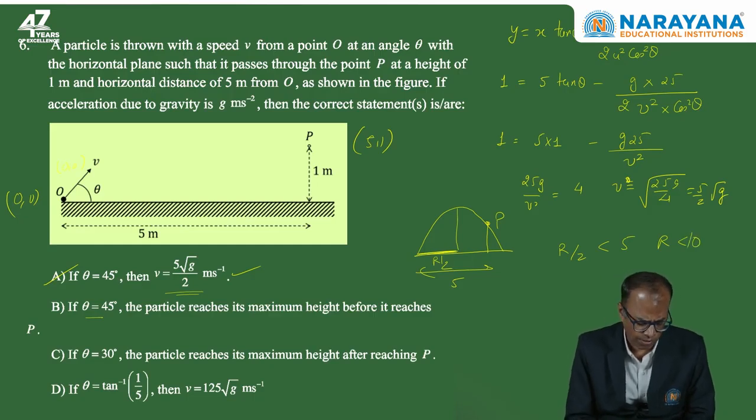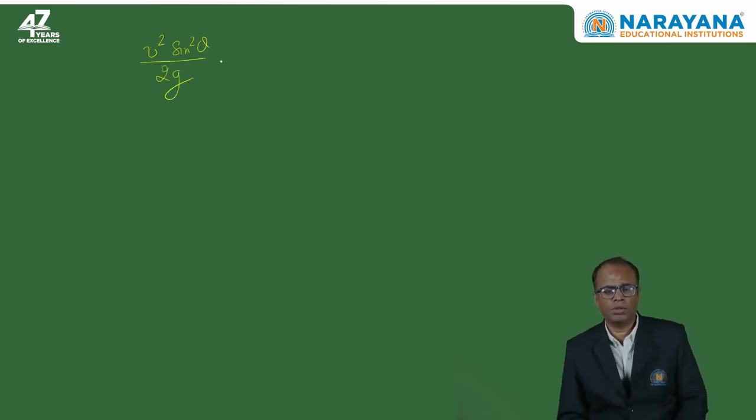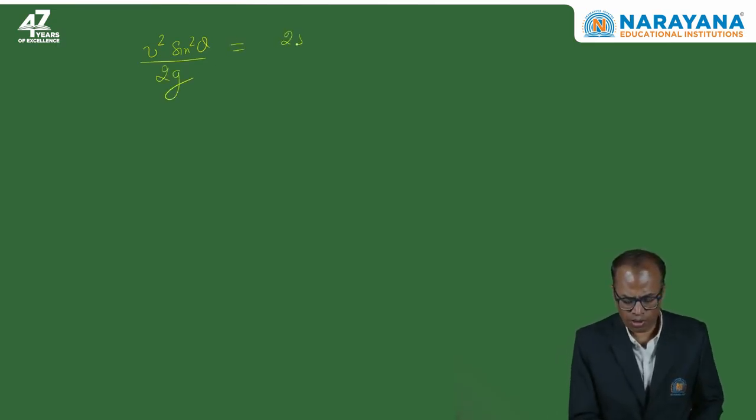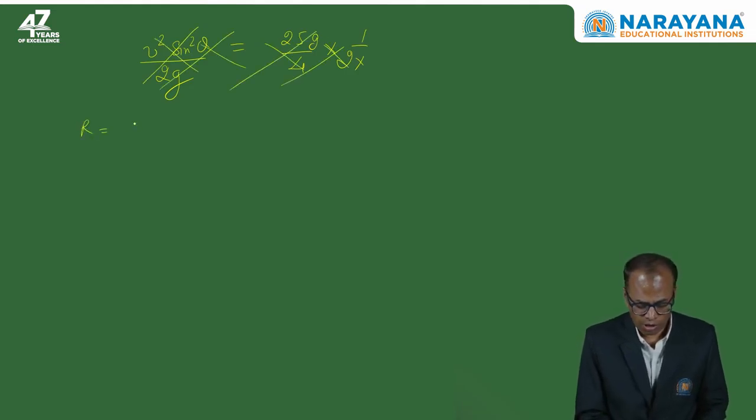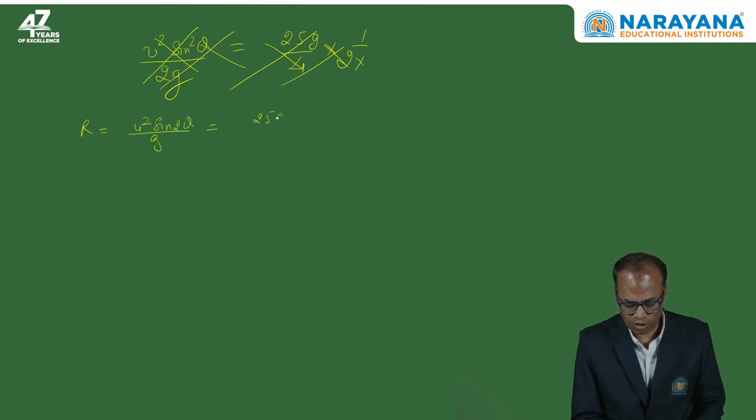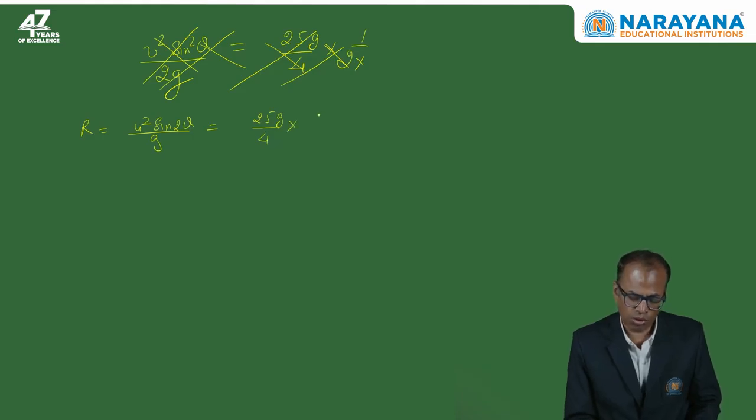Let's plug in the formula. Remember the formula for R? R is v squared sine squared theta by 2g. v squared I calculated as 25g by 4. Sine squared theta is 1 by 2. Sorry, this is not R. My bad. This is how you lose marks in JEE Advanced. Range is u squared sine 2 theta by g, that is 25g by 4 into sine 2 theta, which becomes sine 90, by g.